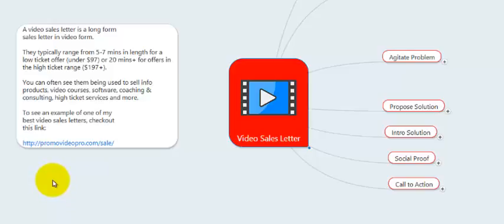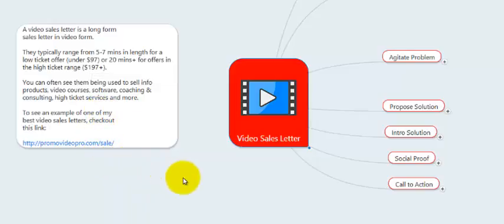They typically range from 5 to 7 minutes in length for a low ticket offer, usually under $97, or 20 minutes on up to an hour or more for offers in the higher ticket range, around $197, $497, into the thousands of dollars, because you need more time to sell a more expensive product.